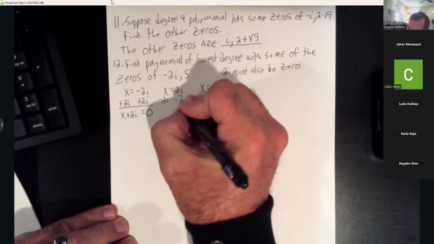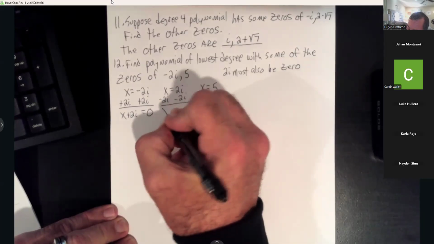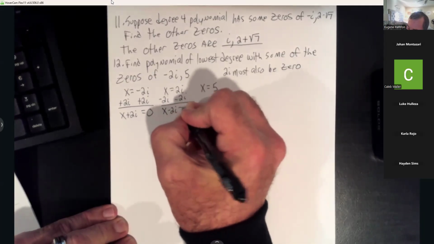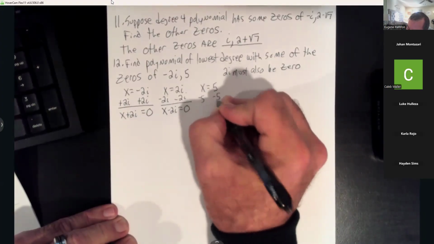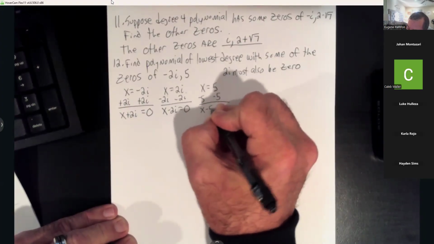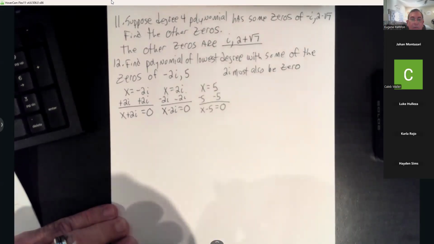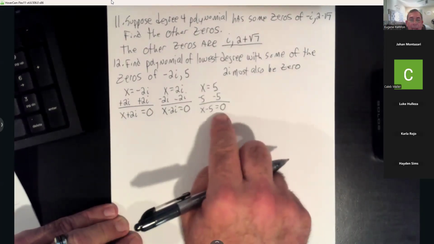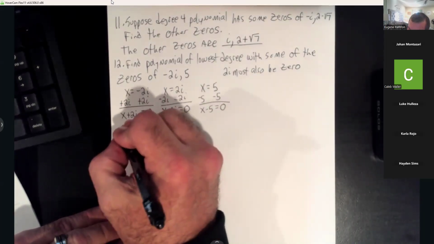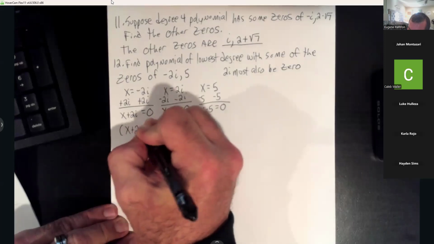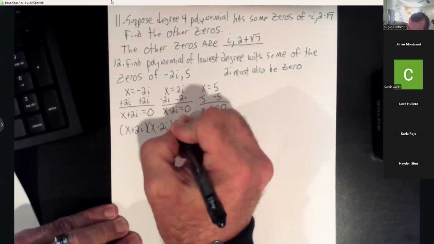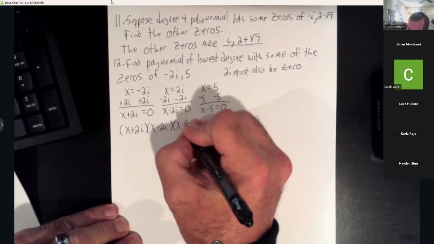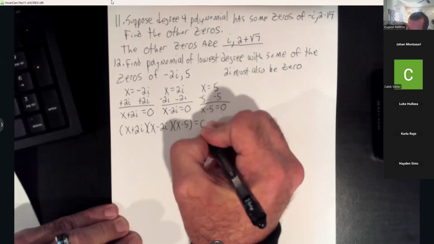This one I'll subtract. x minus 2i equals 0. And y'all, this one I'll subtract also and get x minus 5 equals 0. All right, now I'm going to put them in parentheses. x plus 2i times x minus 2i times x minus 5, all equal to 0.